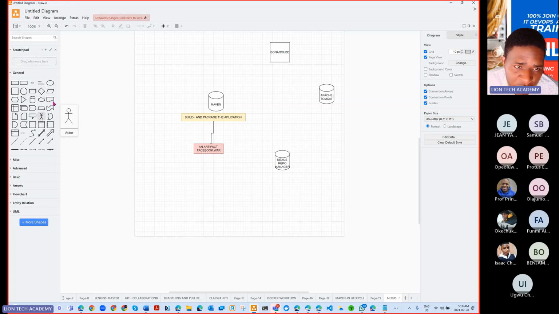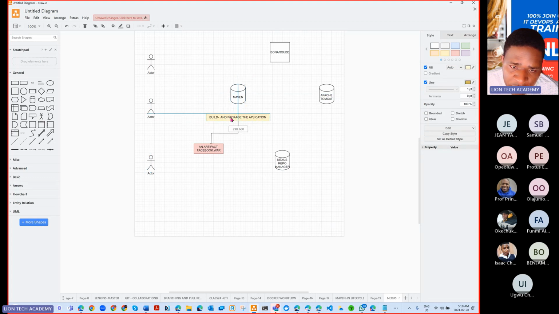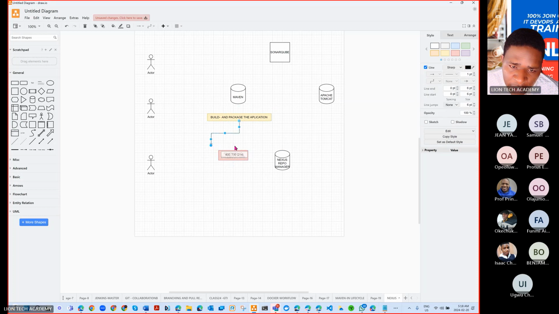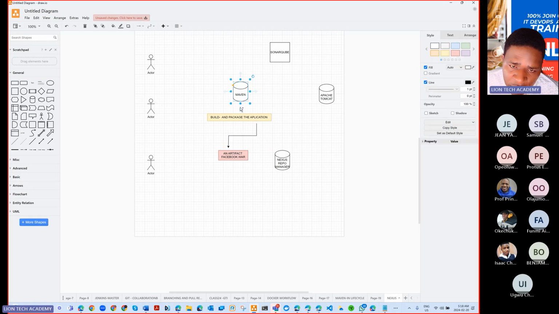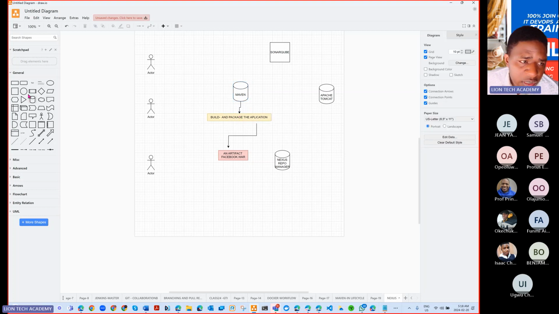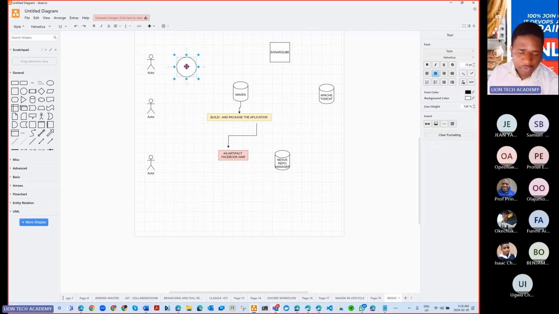So again, we always have our developers here. As the developers develop the source code, they are pushing it into a source code management platform, SCM.